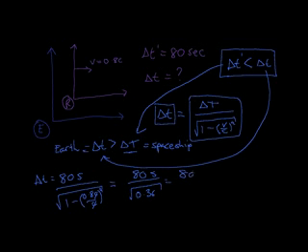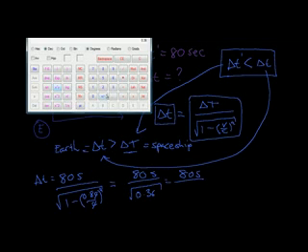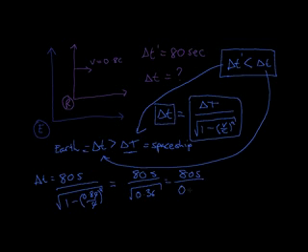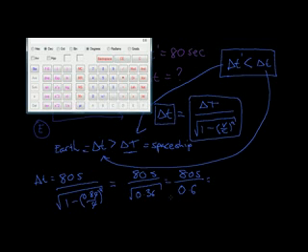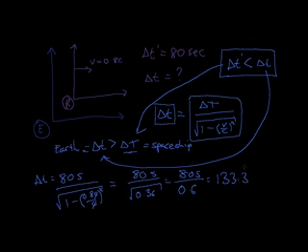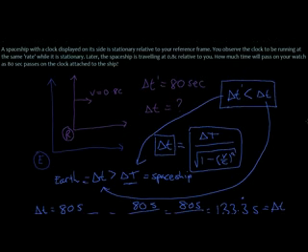Then we're simply taking the square root of that value, which is going to be 0.6. So it's going to be 80 divided by 0.6, which equals 133.3 seconds. And that's our delta t, or the time recorded from the Earth's point of view.